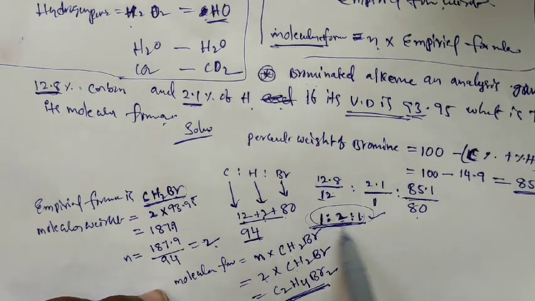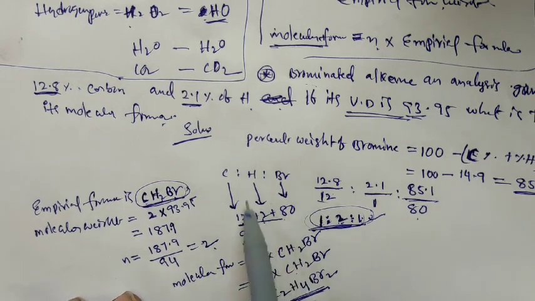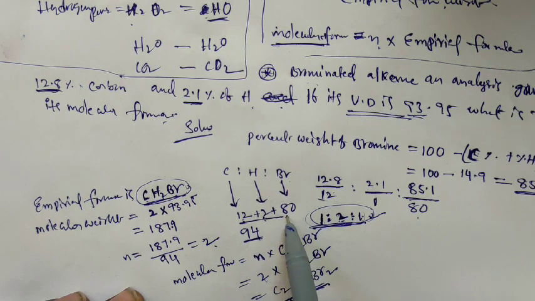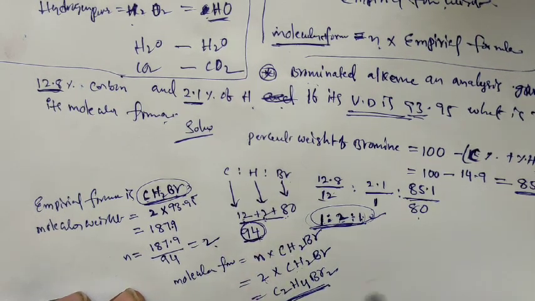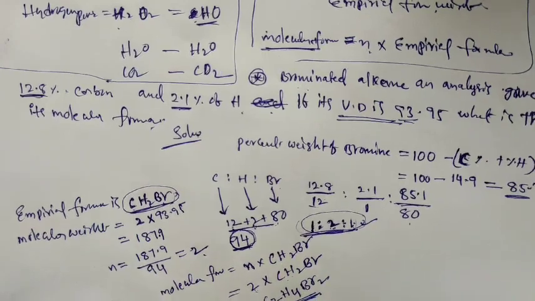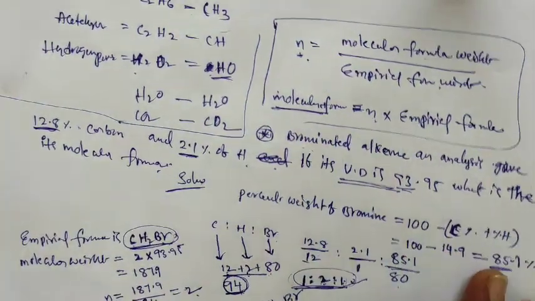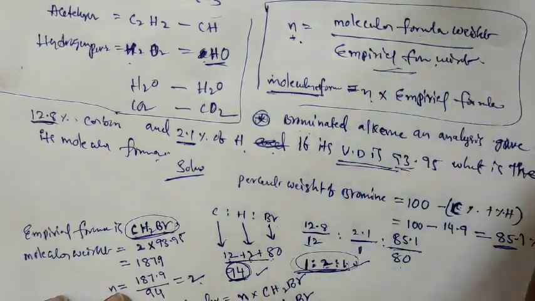So this is the empirical formula, CH2Br. Empirical formula weight how much? C means 12, H2 means 2 grams, bromine is 80, 94 empirical formula weight we are getting. Now n we don't know, so n we have to find out. How? Molecular formula weight by empirical formula weight.